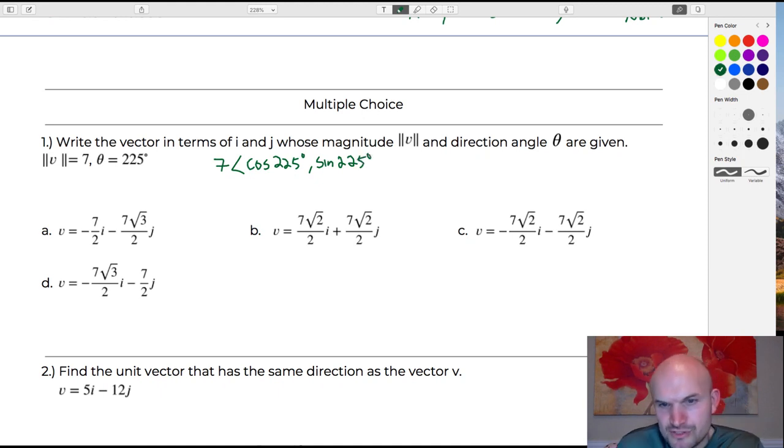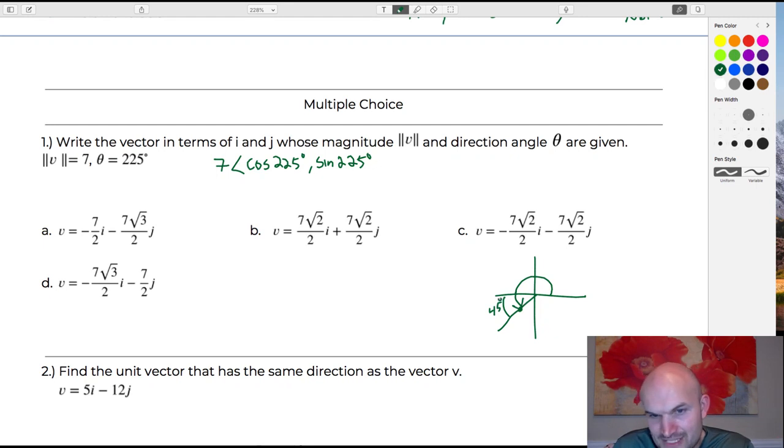Now, let's go to the unit circle. Where is 225 degrees? Here is 180, and here's 270, so 225 degrees is 45 degrees more than 180. That means it has a reference angle of 45 degrees.